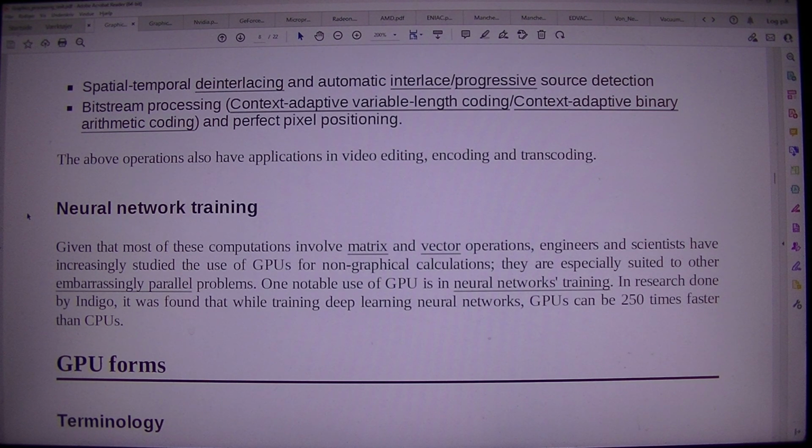The above operations also have applications in video editing, encoding and transcoding.